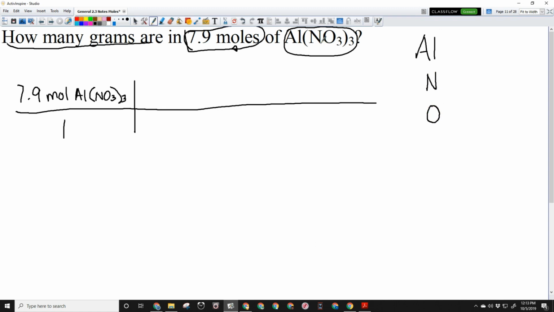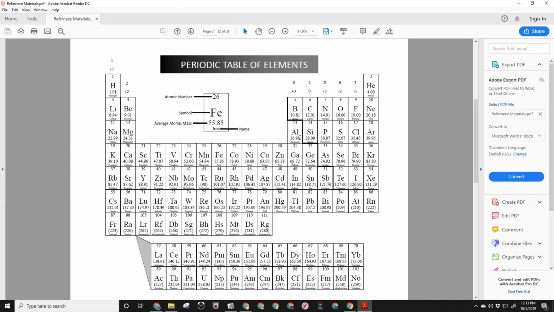So we have aluminum, nitrogen, and oxygen here. So how many aluminums do we have? 1. How many nitrogens do we have? 3. And how many oxygens do we have? 9. Okay, so I'm going to have to multiply by the molar mass of each one of these elements. So aluminum is 26.98.